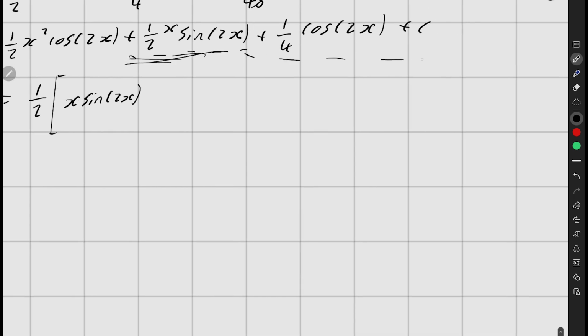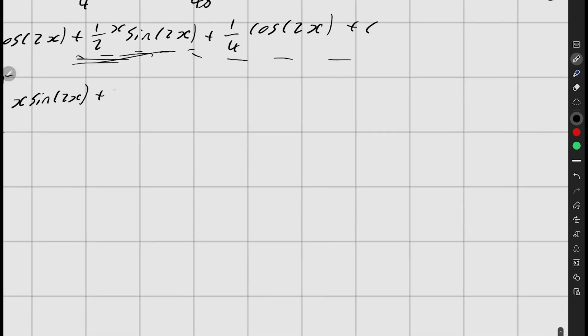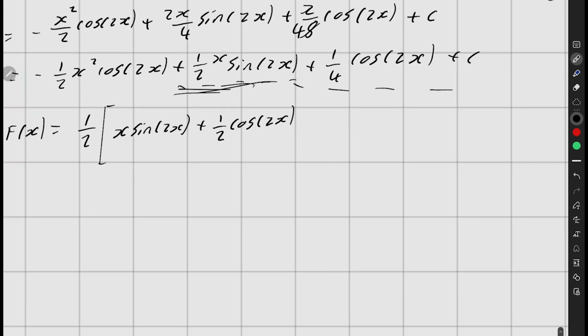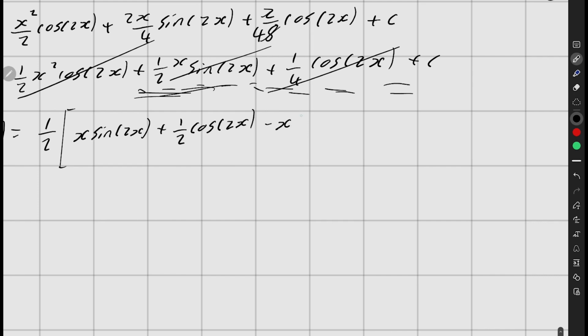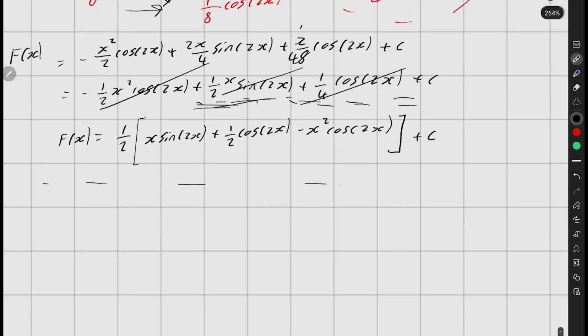And then we'll put this in, plus 1 over 2 cos of 2x. So we've dealt with these, cross them out, then just the last one, minus x squared cos of 2x plus c. So that's how you solve that one, and we could probably simplify it down a little further if we wanted to, but no need. I think it's good, and this will definitely help you pick up marks in your exams.